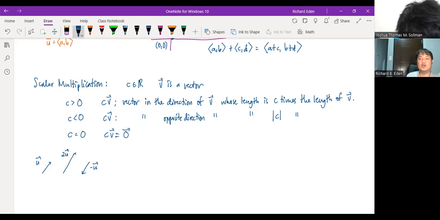So it has 1 times the length, but opposite direction. And then as for -1/2 u, it's ganyan, -1/2 vector u. So because it's negative scalar, -1/2, it points in the opposite direction as u, but half the length.